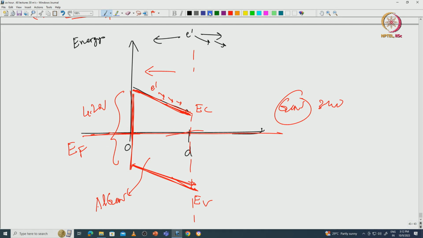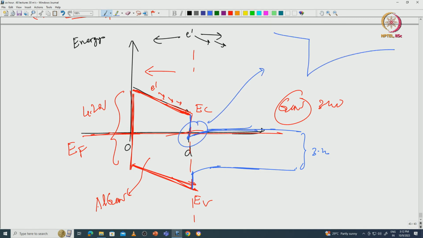The GaN band gap could be something like this. So this is your 3.4. At the interface there is a discontinuity, so it will go like that, and this is your Fermi level.